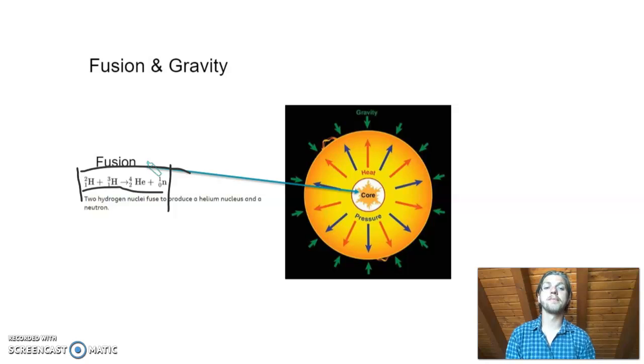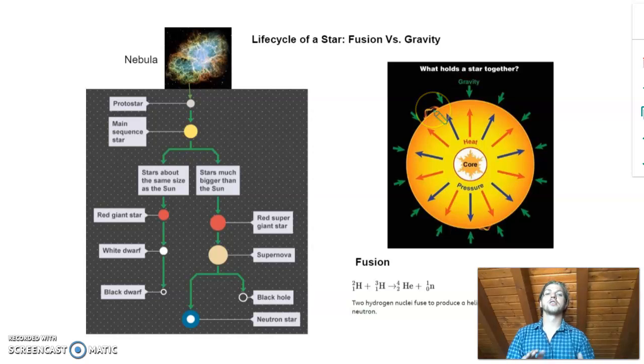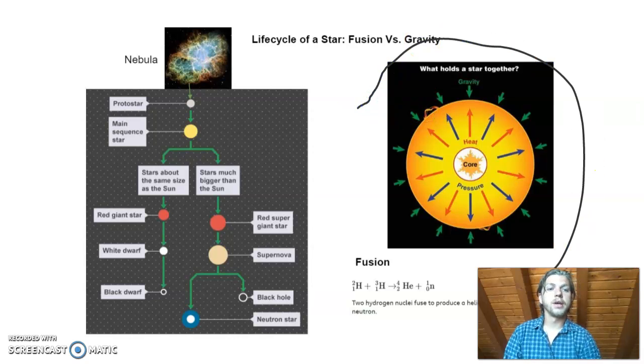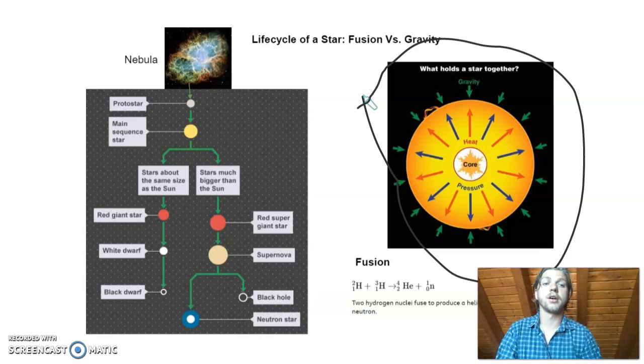Okay. Well, the main thing to remember here is the two forces at play, which are fusion and gravity, and they're always working against each other to either create equilibrium or not. Okay, so here is a bit of information on the screen at the moment, but don't worry, we'll go through it gradually together. And again, we have this diagram over here, which is all about the forces that are at play inside the sun and other stars.